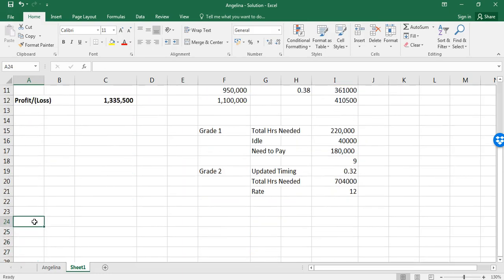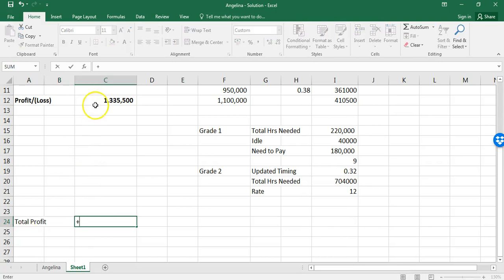So we'll say, if the total profit is 1.335 million, we'll get the profit per box. So if we get the profit per box, we're saying, how much profit, just based on these, are we getting per box? We're getting 1.335 million divided by 2.2 million boxes.